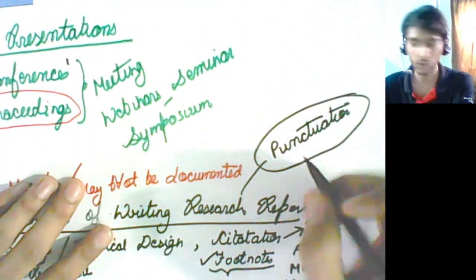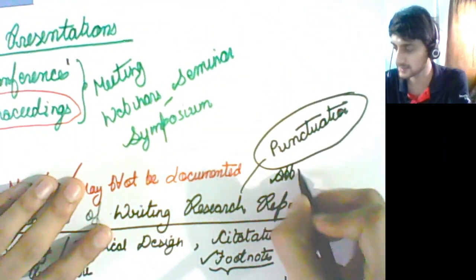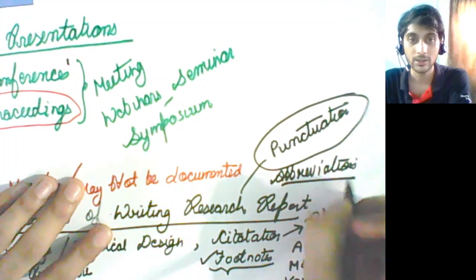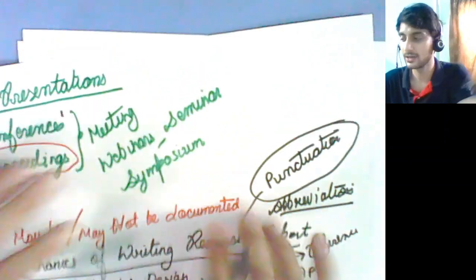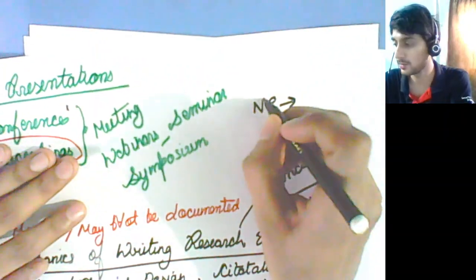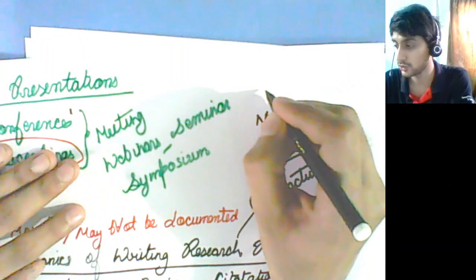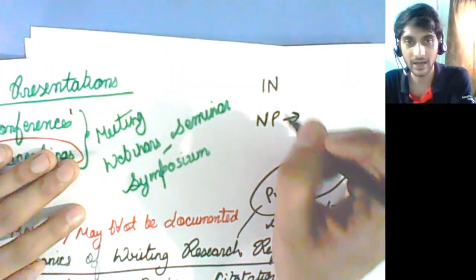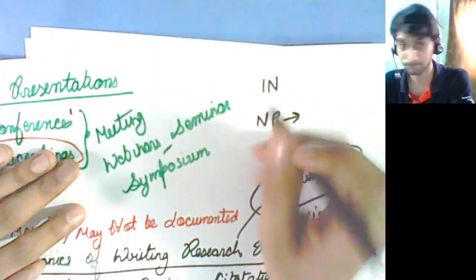And at last, you should also work on abbreviations. You should not be very casual, like using NP for nanoparticles. It can also mean something else. You may prefer using IN for India and IN for Indium as well.